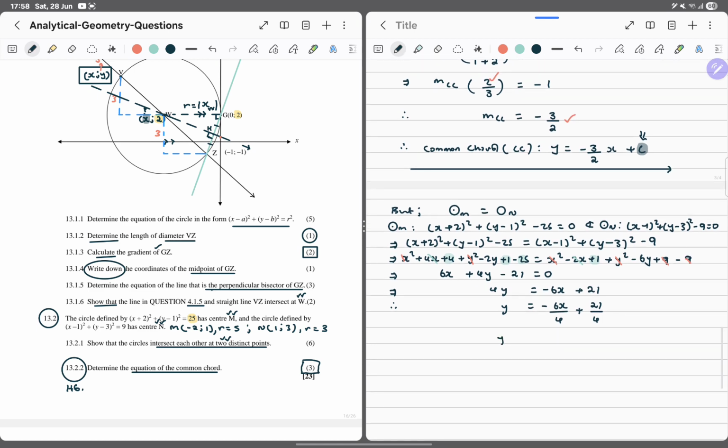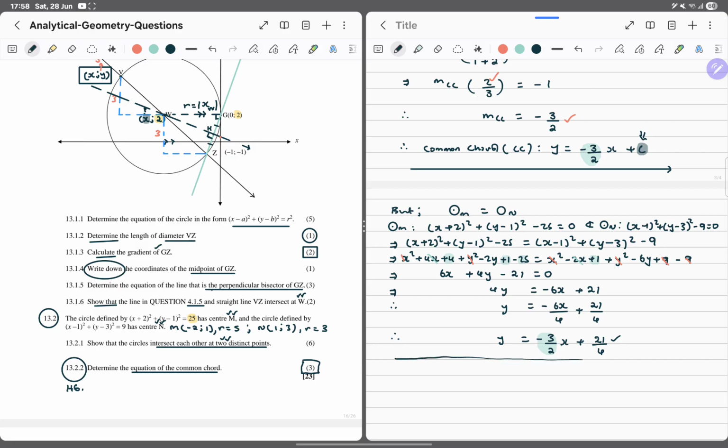And we can simplify further this thing. 2 goes there, minus 3 divided by 2 x plus, here we cannot do anything. But watch this. Gradient. So this must be the c that we're looking for.